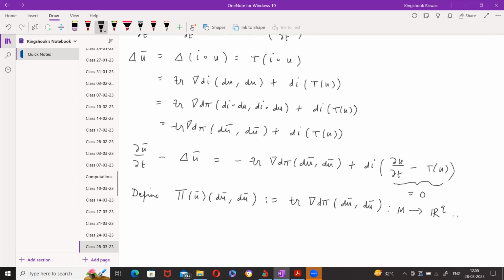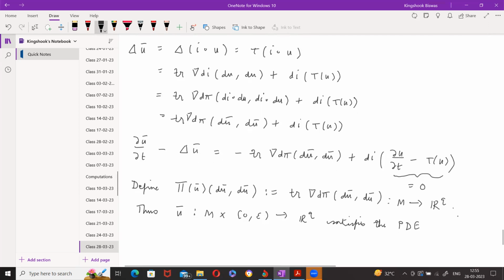So thus we get that U bar from M cross 0 epsilon to R cube satisfies the PDE, where this last term vanishes. So let me write it in this form.